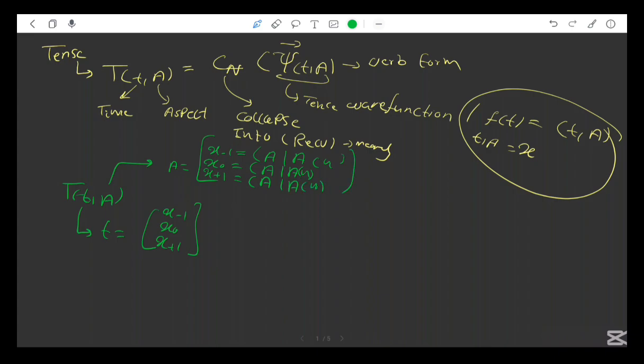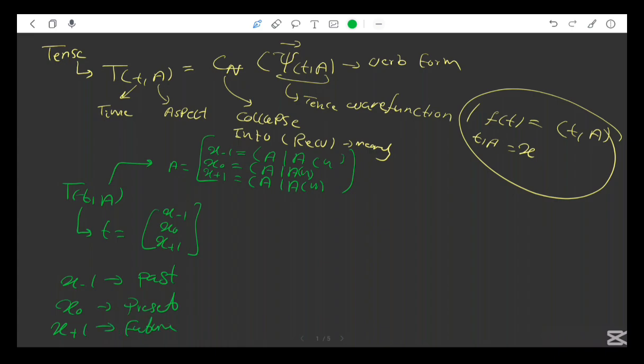And these 4 parts are the aspects that we will talk about. So what is each specific part here? X sub minus 1 is past tense or past time. X sub 0 is present. X sub positive 1 is future.